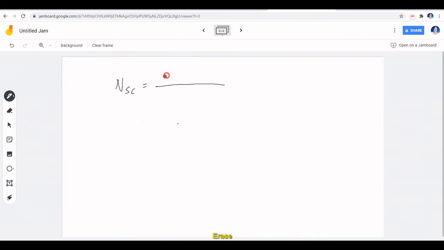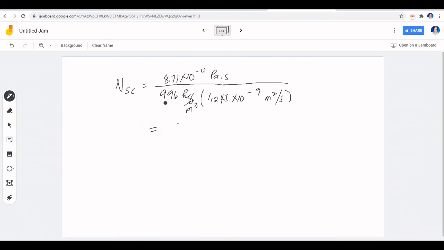So for our mu, we have 8.71 times 10 raised to negative 4 Pascal seconds, and we have the density to be 996 kilogram per cubic meter, and we have the molar diffusivity of benzoic acid in water, which is 1.245 times 10 raised to negative 9 meters squared per second. This will give us a Schmidt number of 702.